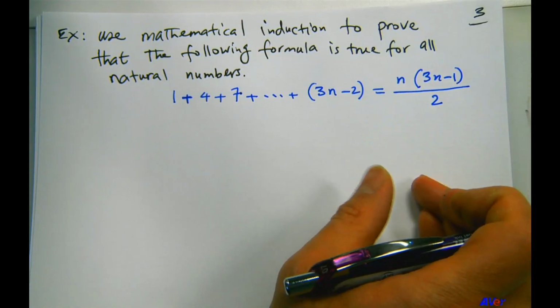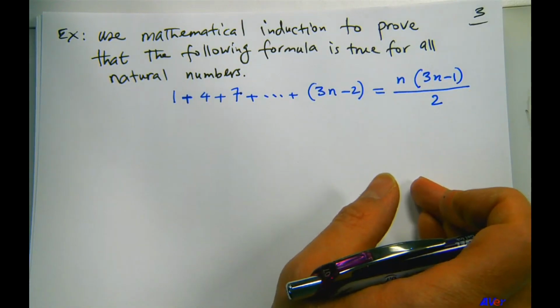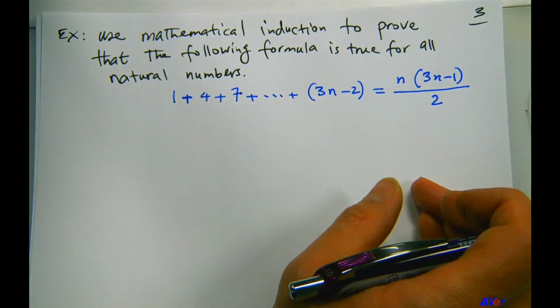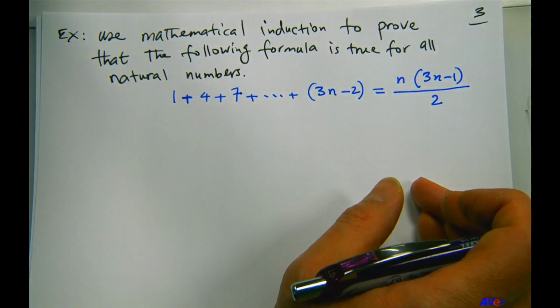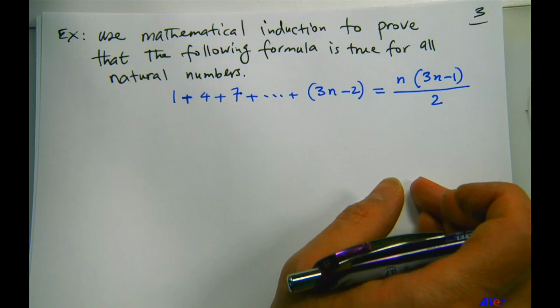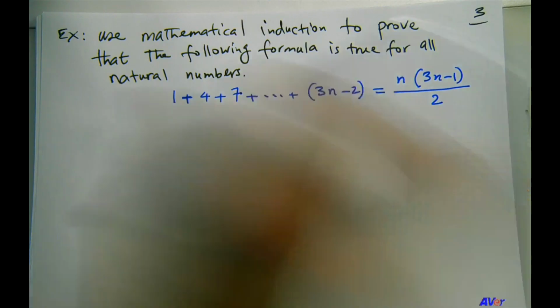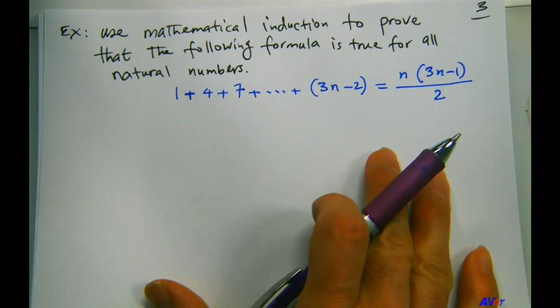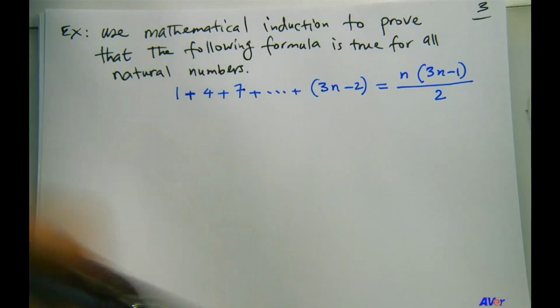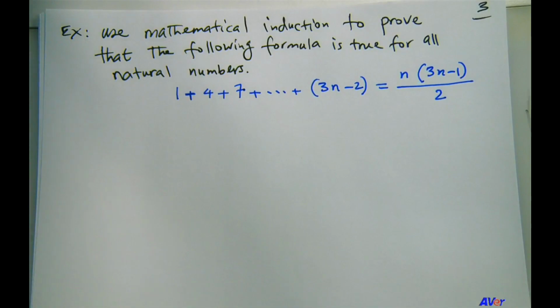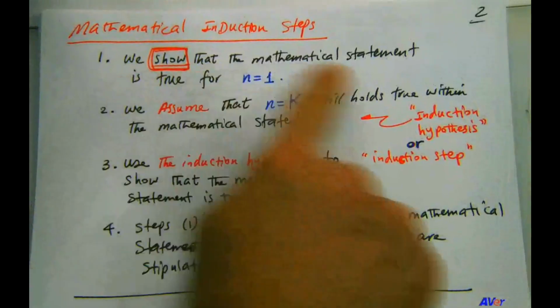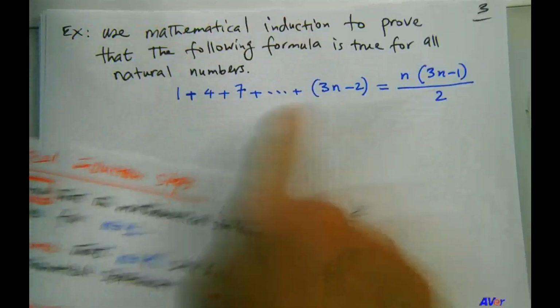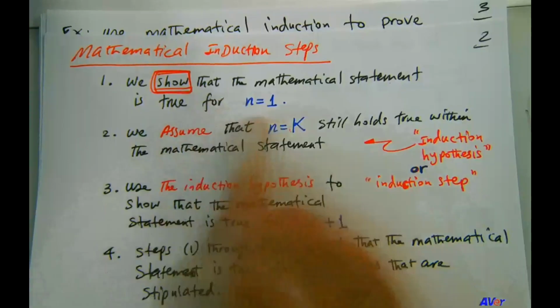Natural numbers do not include negative integers, right? So minus 1, minus 2, minus 3. We don't have to prove that for such numbers, but for all natural numbers. Okay, so let's begin with the induction step number 1, which is we show that the mathematical statement, which is that one, is true for n equals 1.